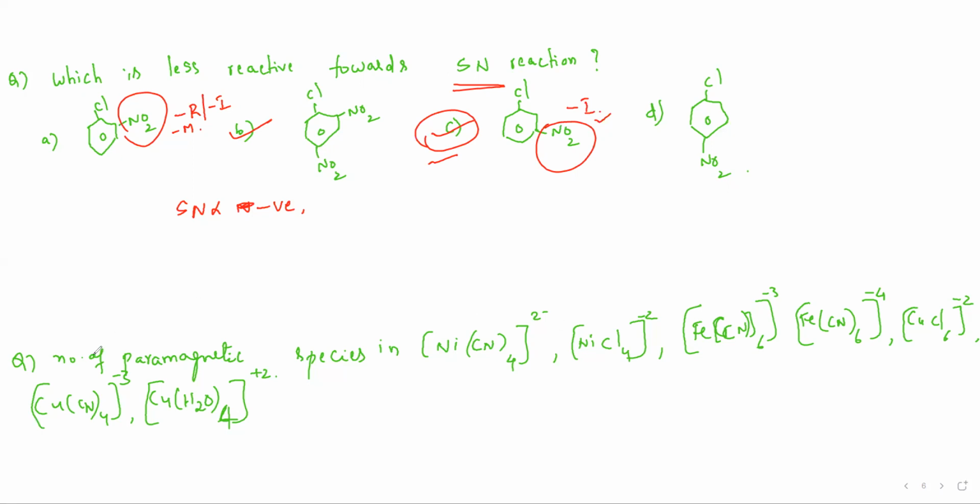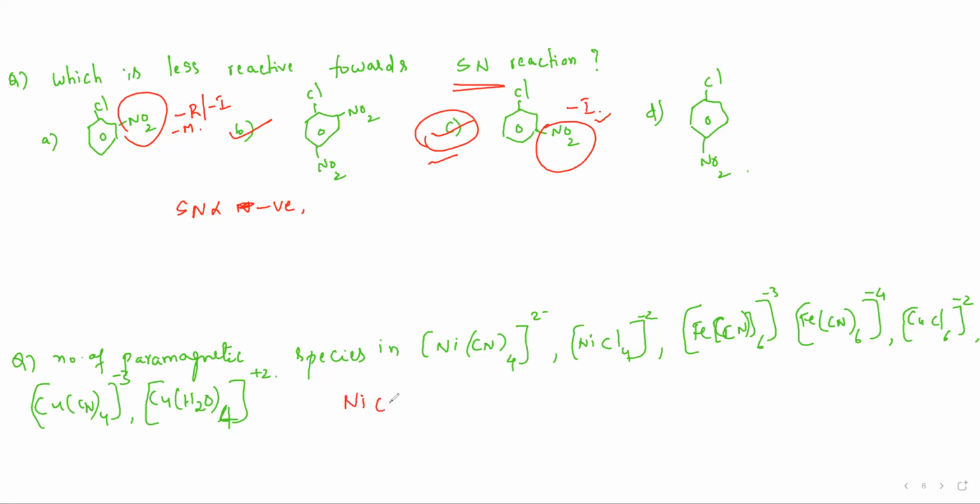So coming to the next one, the number of paramagnetic species among the following. Here you can use VBT theory to find out the paramagnetic species. You can see four molecules, or four coordination complexes, are paramagnetic in nature.